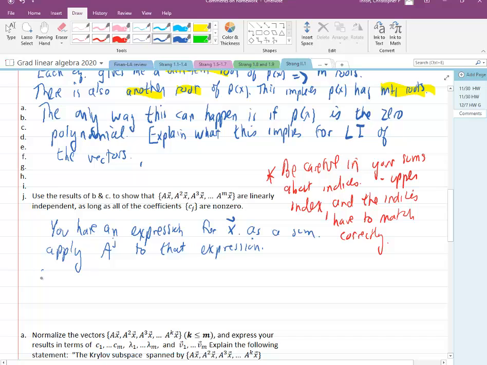And then use the summation from j equals 1. Now, how many are there? There are m of these. Now, the d_j times a to the j x equals 0.